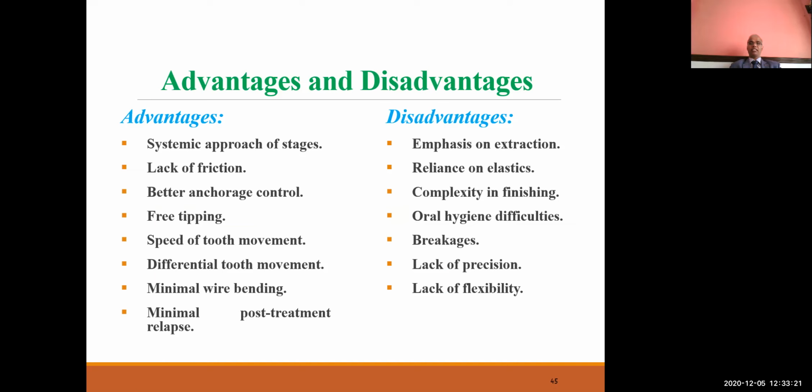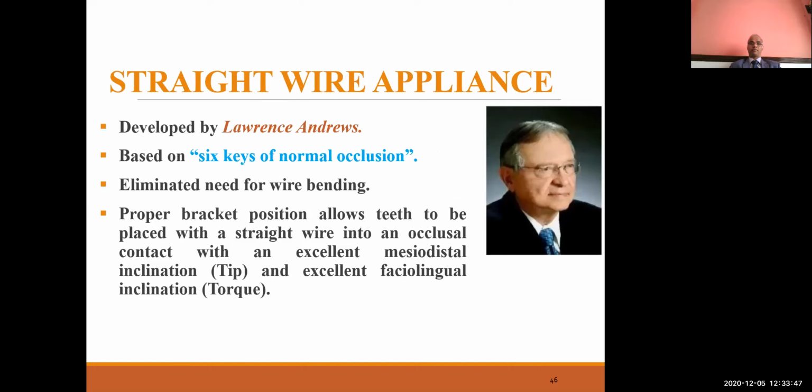But disadvantages are emphasis on extraction of teeth and reliance on the elastics, class 1, class 2, class 3 elastics, complexity, fencing by use of the auxiliary springs and torquing screw. Oral hygiene is difficult because of use of auxiliaries, breakage, lack of precision, and lack of flexibility.